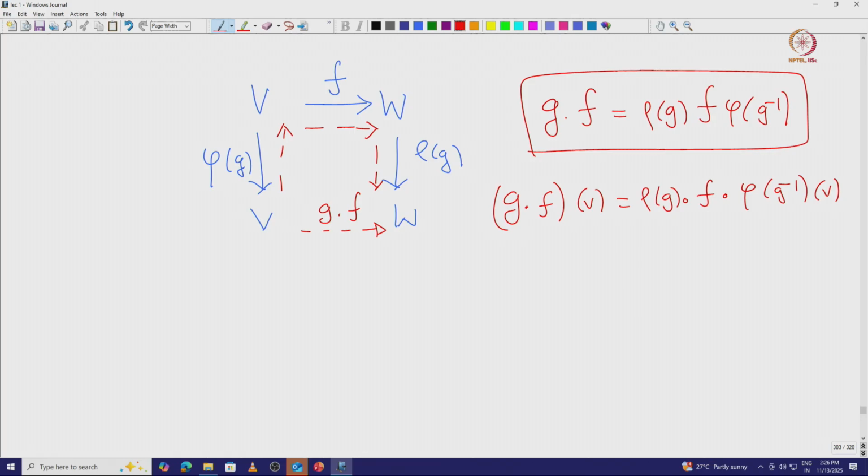Now we want to verify that this indeed gives us an action of G on this Hom space.